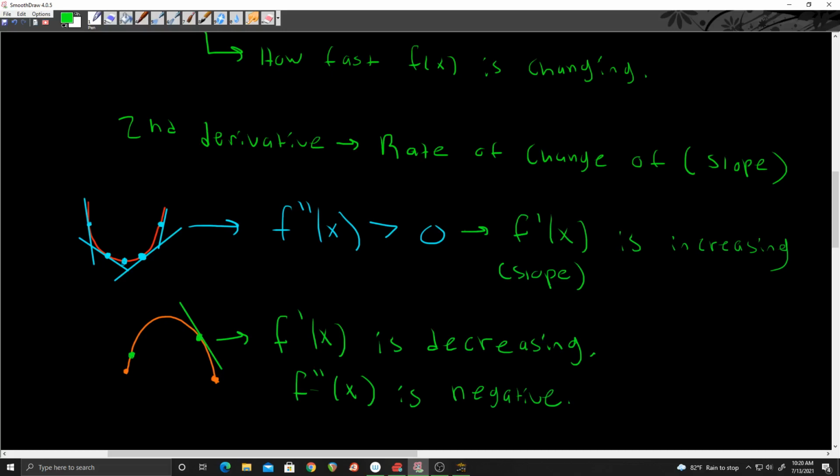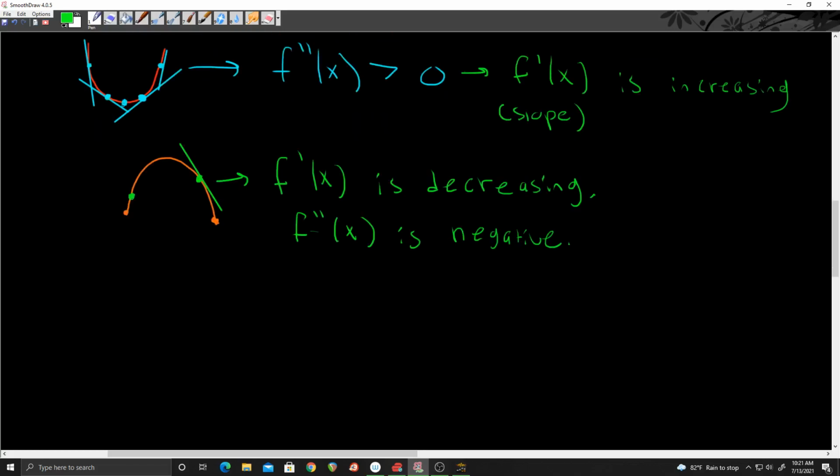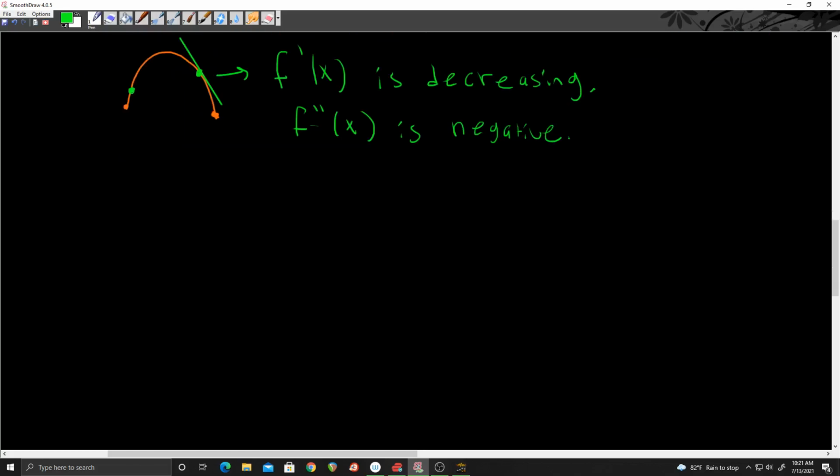And of course, if the second derivative is 0, let's look at that for just a second.